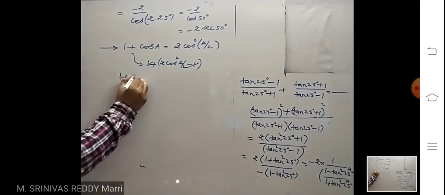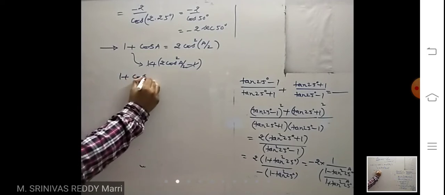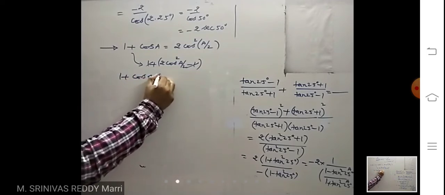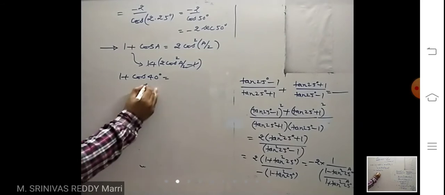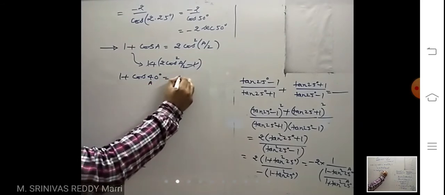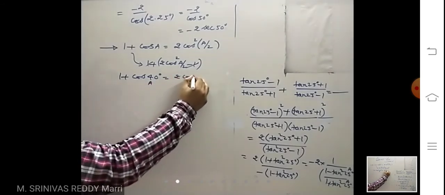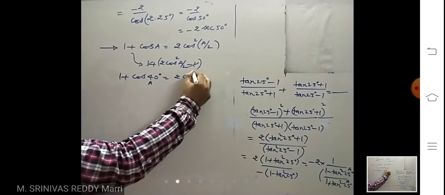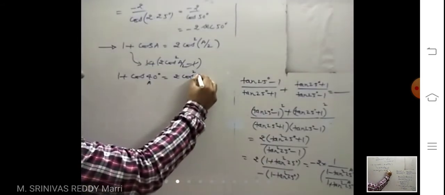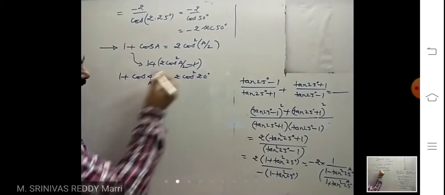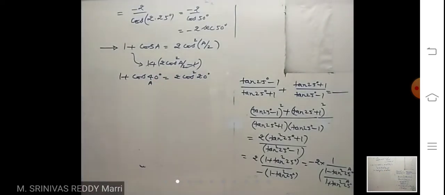Suppose 1 plus cos 40 degree is there. This is a, so this is 2 cos square a by 2, that means 2 cos square 20 degree, since 40 by 2 means 20 degree.